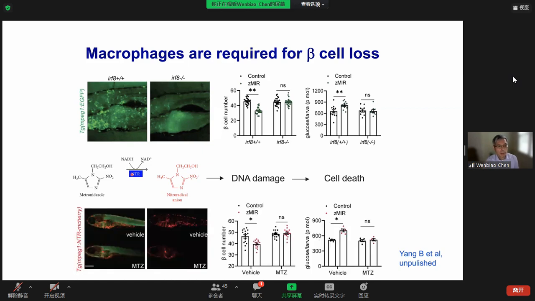Using metronidazole, we can kill the macrophage substantially. In all three models, we can prevent the beta cell death and preserve glucose levels. So suggesting that macrophage are necessary for islet inflammation, for the beta cell loss, and also for the loss of glucose homeostasis.